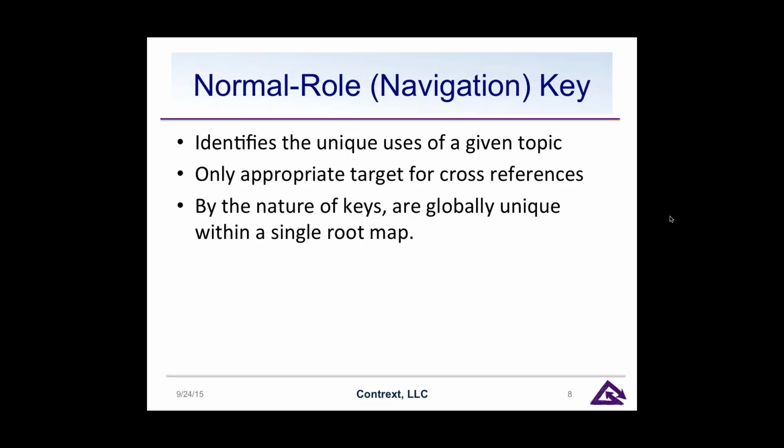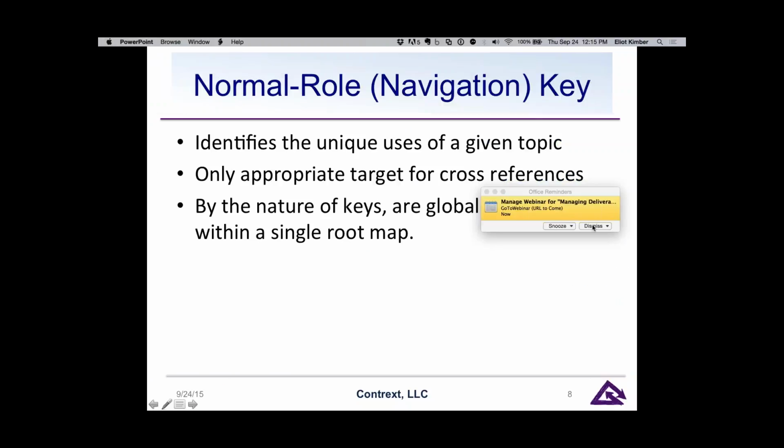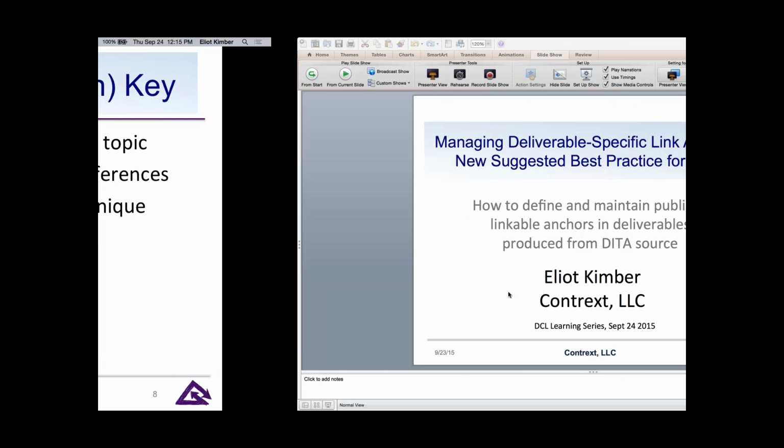But that's a subtlety that I think most people, even myself until a year or so ago, hadn't really thought about. So I'm telling you about it now. You may need to go back and rethink the way that you're using keys and cross-references.